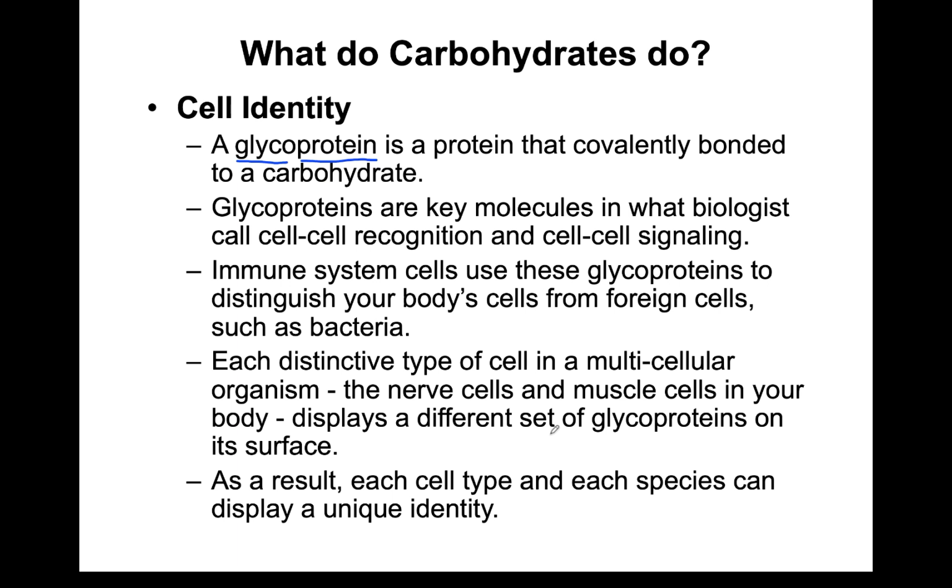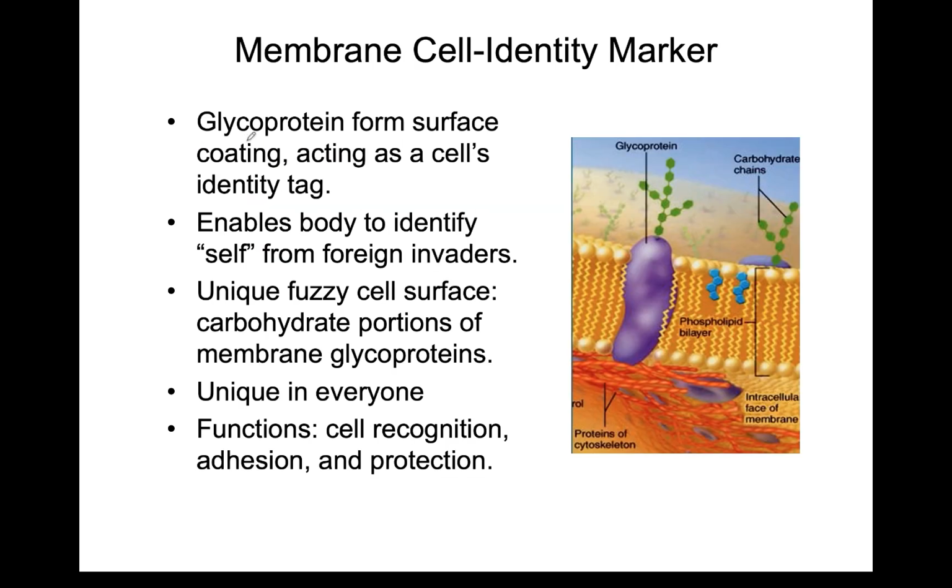It's a healthy condition. But if some cell shows an abnormal type of glycoprotein, then the immune cell accesses it and does something. As a result, each cell type and each species can display a unique identity. Carbohydrate has a function to be a component of a cell identity marker.